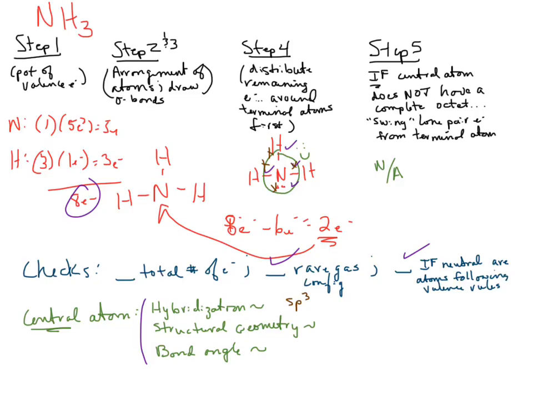We talked about structural geometry around an atom. What do you need to focus on? Sigma bonds and lone pair electrons. If you count sigma bonds and lone pair electrons on the Lewis structure, then you know the orbital hybridization, the structural geometry, and the bond angle.